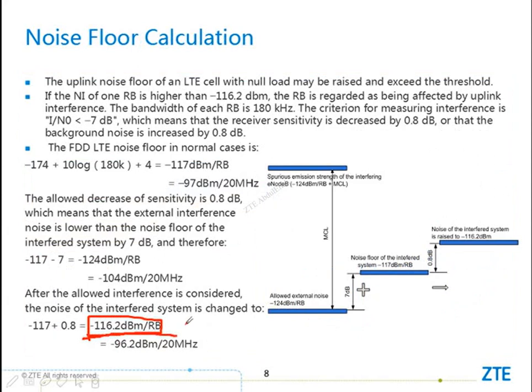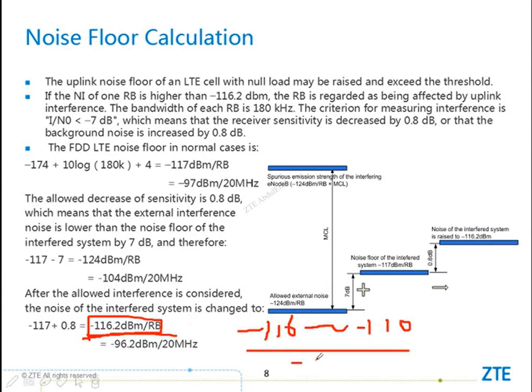This we can see is about the background. That means if you see the noise per RB is lower than this, that means there is no interference. If it's from this value to this value, usually we also do not need to care. It's normal.